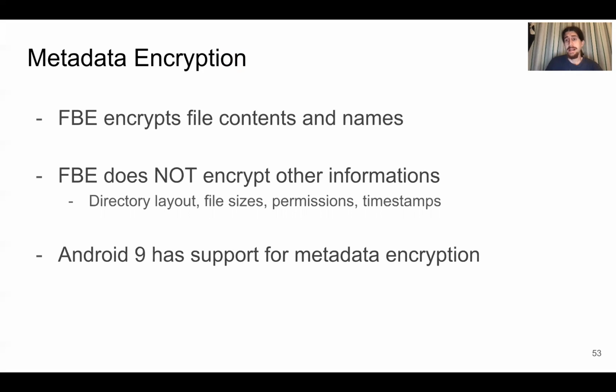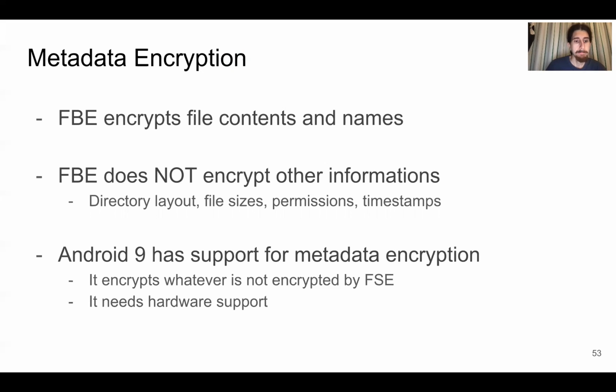Android 9 kicked in with support for metadata encryption, and so this problem was solved. This aspect of Android 9 basically would encrypt whatever is not encrypted by file-based encryption. The con is that it needs hardware support, but recent phones all have it, so all is good.